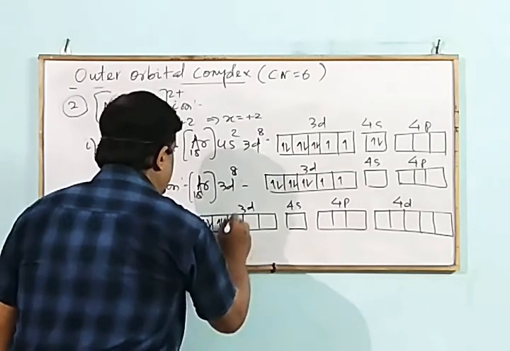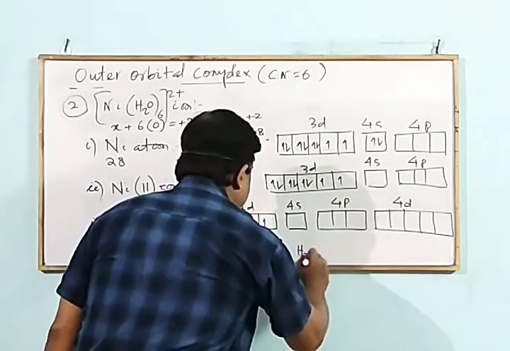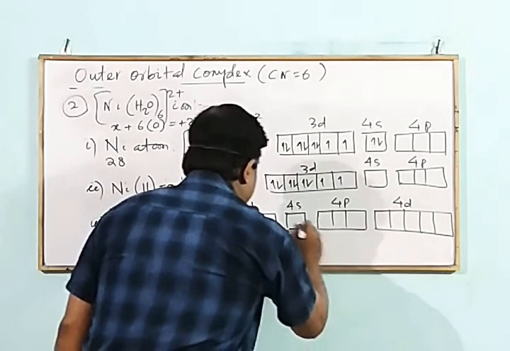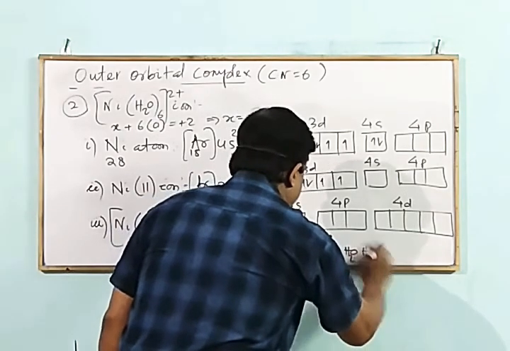1, 2, 3, 4, 5, 6, 7, 8. Then 6 ligands are there. Each ligand donates a pair of electrons.